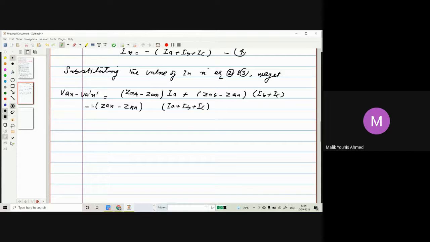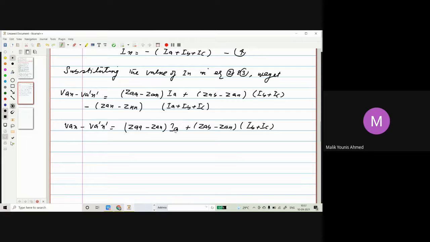Now this will finally become VAN minus VA dash N dash, and that is ZAA minus ZAN into IA, and then it will be ZAB minus ZAN into IB plus IC.